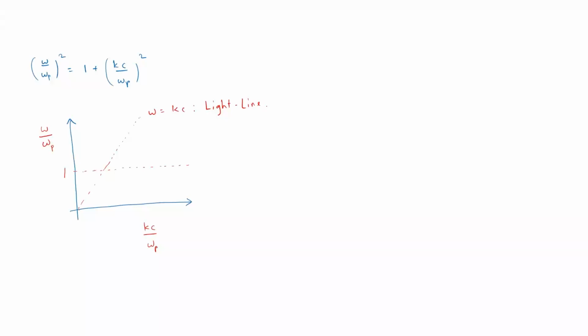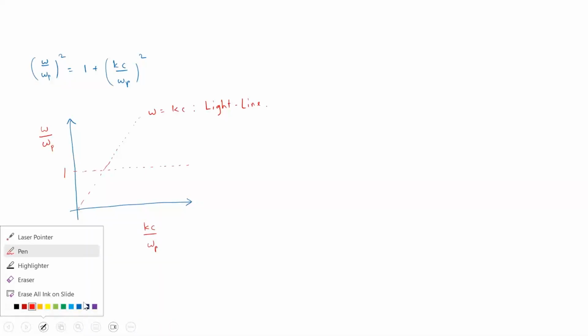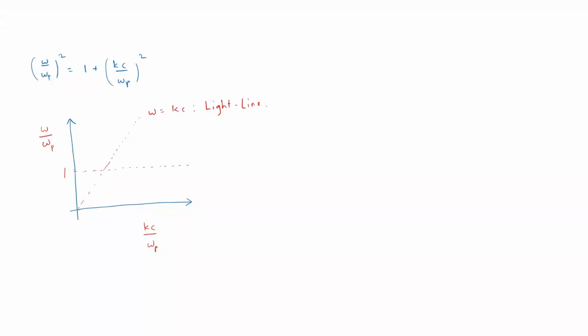So what we obtain here is that when k is 0, omega by omega p is equal to 1. So it starts from 1. And when k is too large, we can neglect 1, and it should coincide with this omega equals kc line.